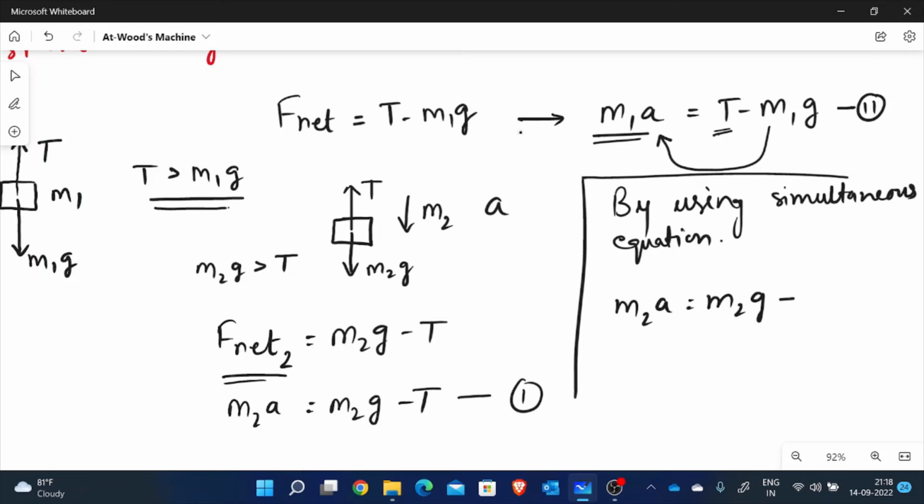Let's move minus M1G towards the left side. Then in place of T we can substitute M1A plus M1G.